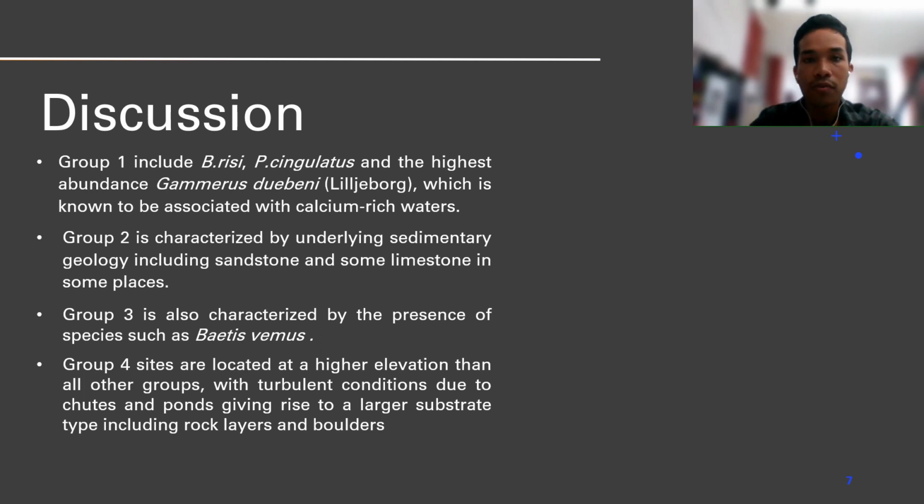Most of Group 4 sites also have low conductivity and pH, with indicator species such as Ameletus inopinatus and Diura bicaudata. The results of the study, that different environmental gradients define macroinvertebrate assemblages within the headwaters studied, are largely in line with those defined in a number of other studies of upstream communities.